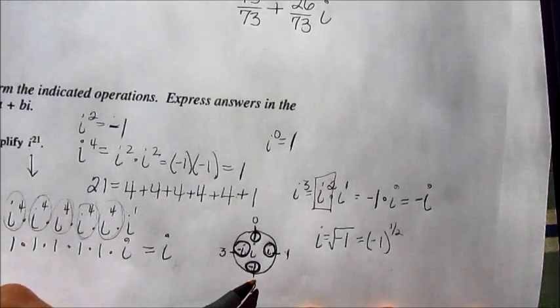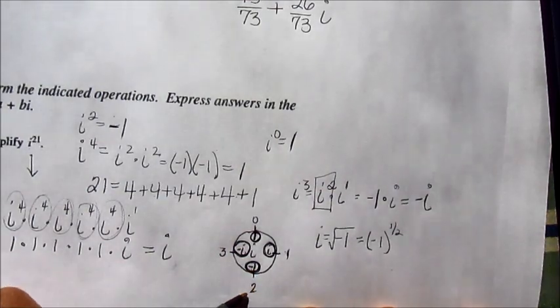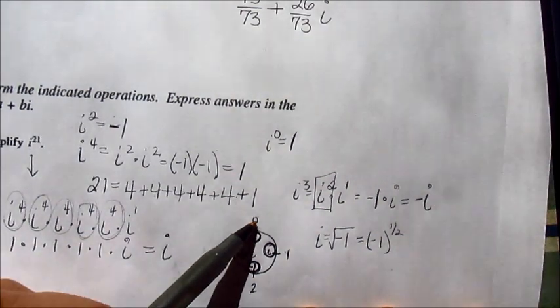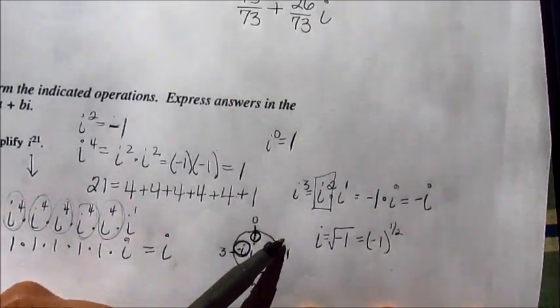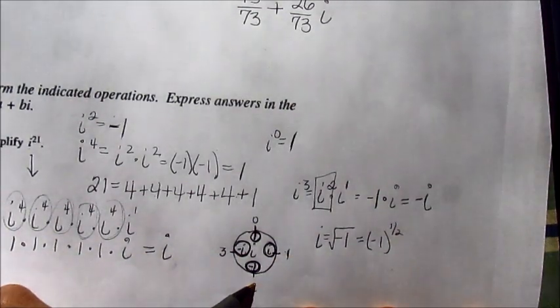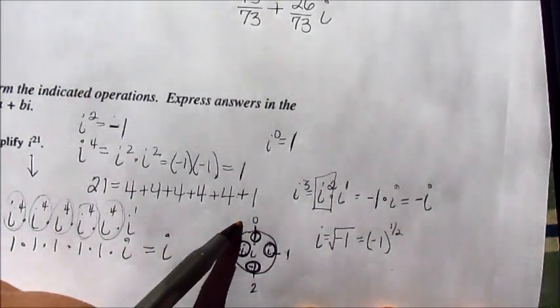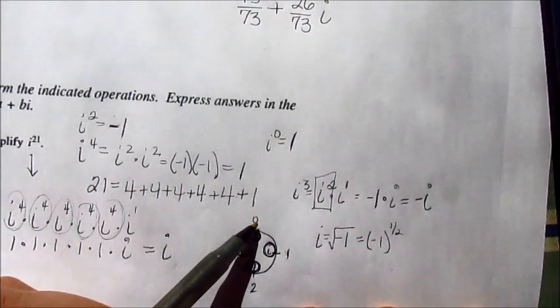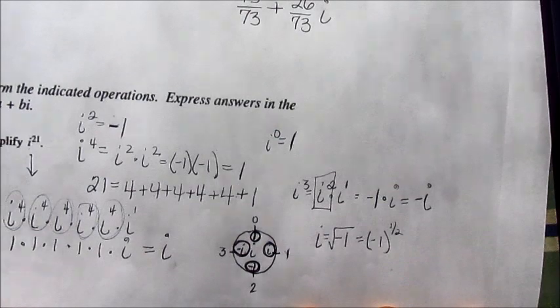Negative 1 cubed is actually negative 1. Negative 1 to the 7/2. Negative 1 to the 8/2. Negative 1, 9/2. 10/2, 11/2, 12/2, 6. Negative 1 to the 6th is just 1.